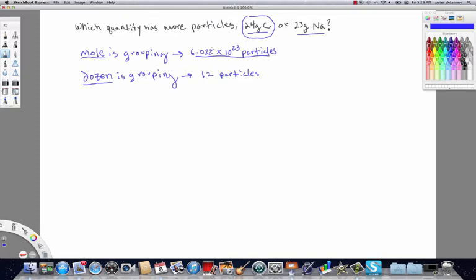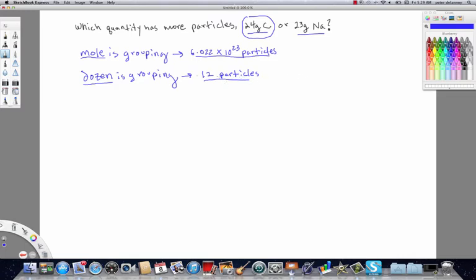So we utilize a grouping that has a big number, because when we divide an amount of atoms or molecules by this number, we need to get a number that is reasonable on human terms, something close to a reasonable decimal or whole number. If we were using the dozen, this grouping is not big enough, and dividing a really huge number by 12 isn't going to do us much good.